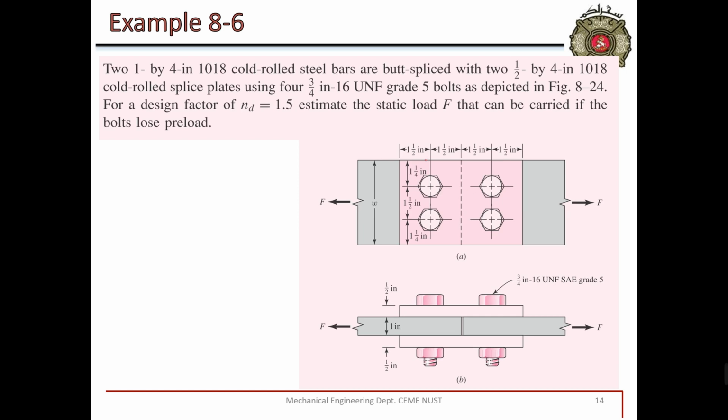It is a simple example. You are not concerned with the detail of this example, but it is only to show you the different types of stresses applied on a single joint. For example, it is a butt joint.